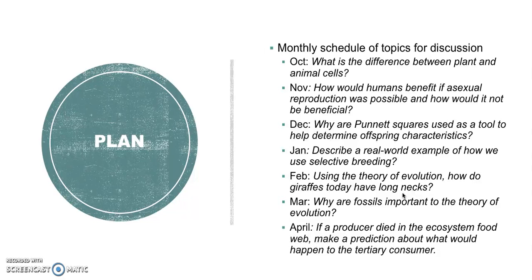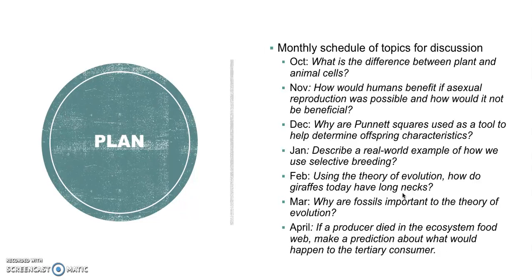November would concentrate on our next topic, which is how would humans benefit if asexual reproduction was possible, and how would it not be beneficial? So students would reflect on what they've learned about asexual and sexual reproduction. December, we would talk about why Punnett squares are used as a tool to help determine offspring characteristics. January is describe a real-world example of how we would use selective breeding.